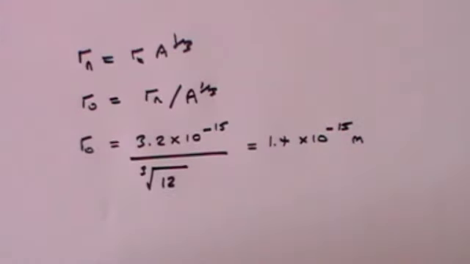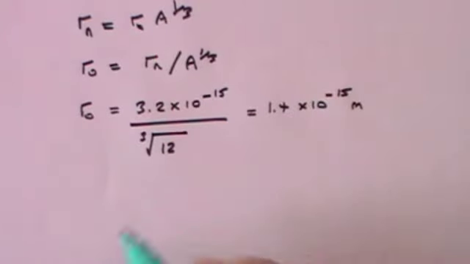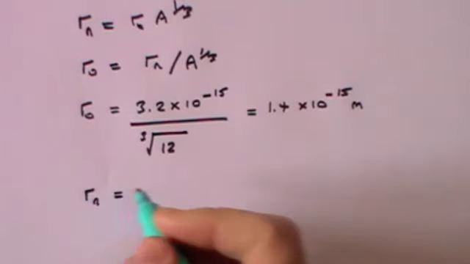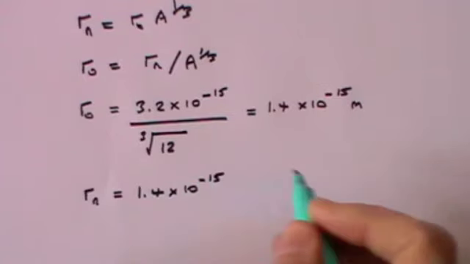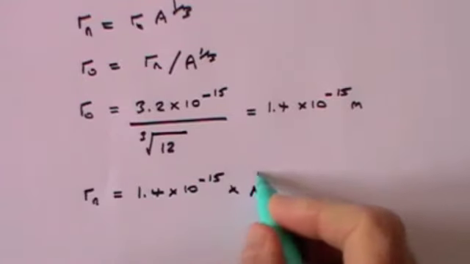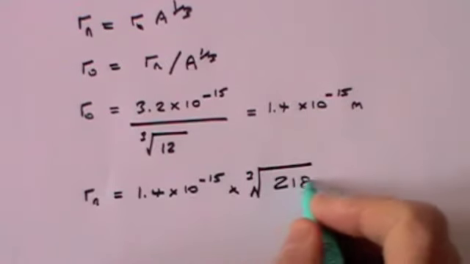Part 2, what is the radius of an atom that has 218 nucleons? Well, here we just need to go back to this formula and say that Rn is equal to R0, which we've just calculated, 1.4 times 10 to the minus 15, times the cube root of 218.